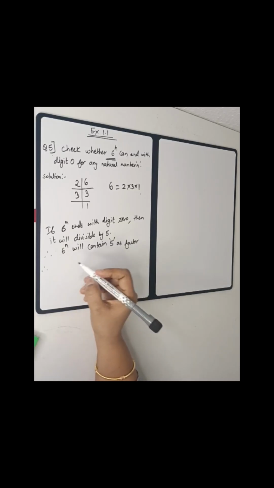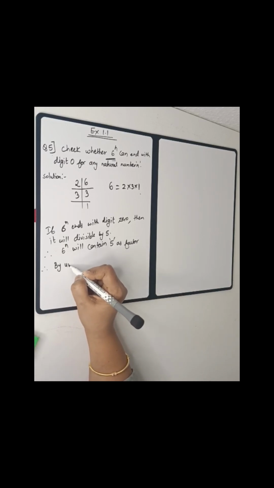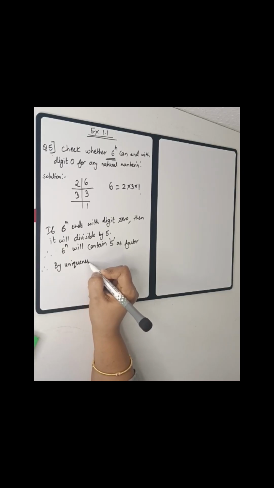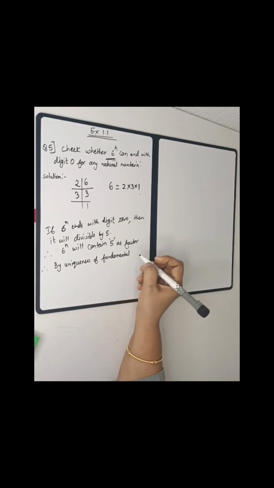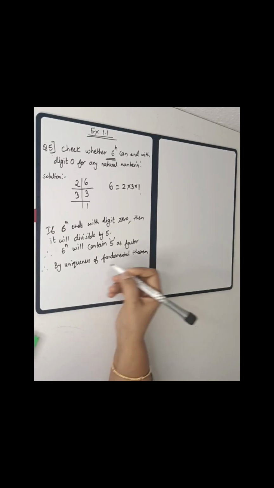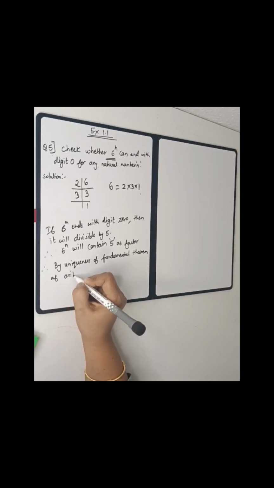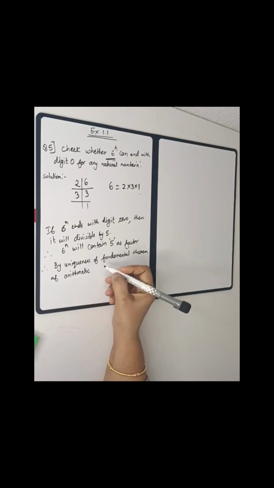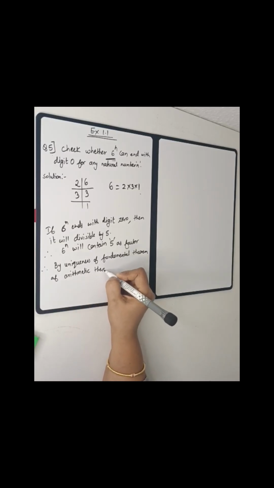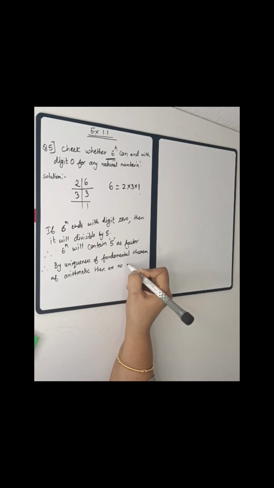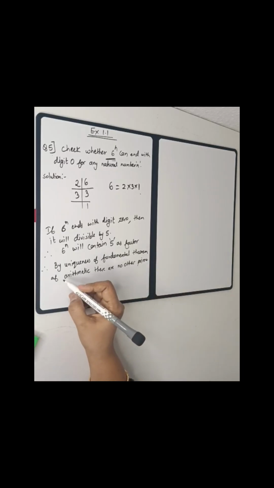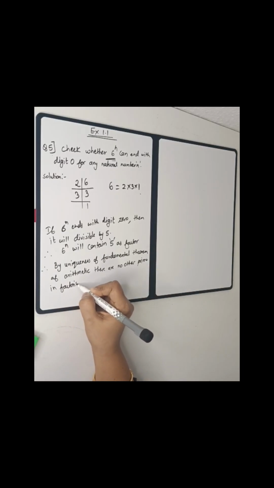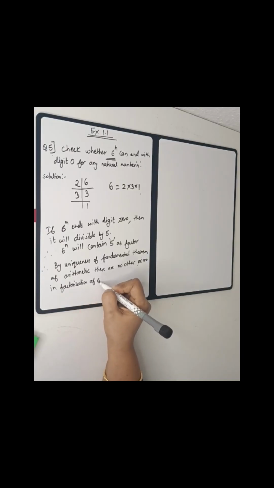We will write, therefore, by uniqueness of the fundamental theorem of arithmetic, there is no other prime in the factorization of 6 raised to n.